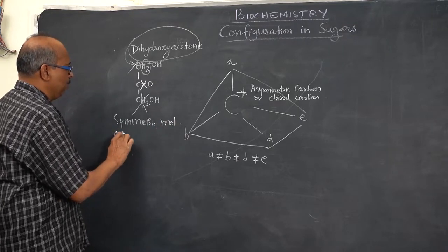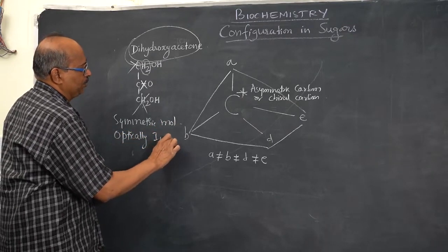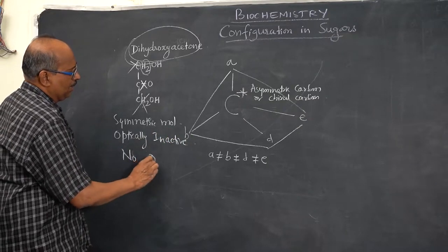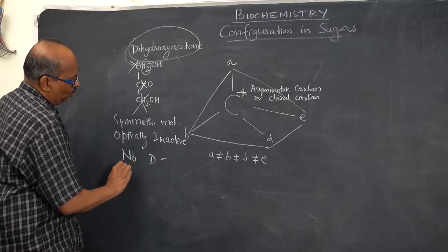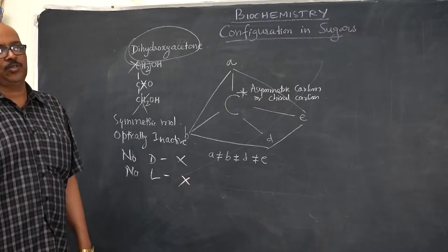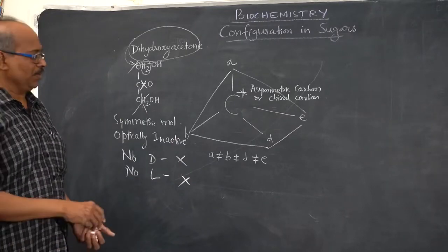It is optically inactive. So there is no D-dihydroxyacetone, no L-dihydroxyacetone. The L and D come only when you have an asymmetric center.